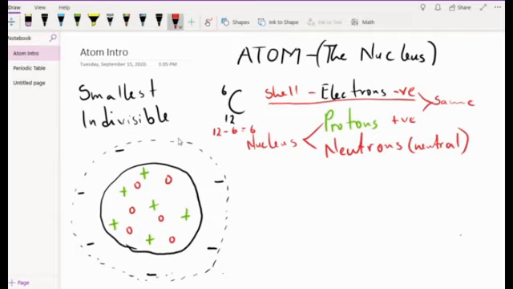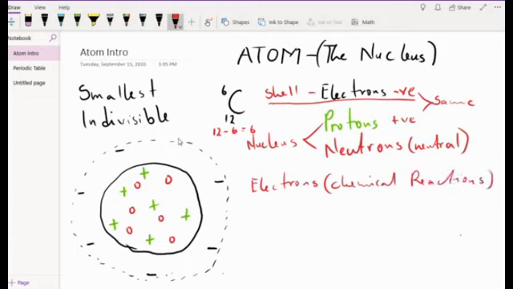And that's the reason why anytime you talk about chemical reactions, you don't talk about protons, you don't talk about neutrons. The only thing you make mention of is electrons. Electrons are only useful for chemical reactions.